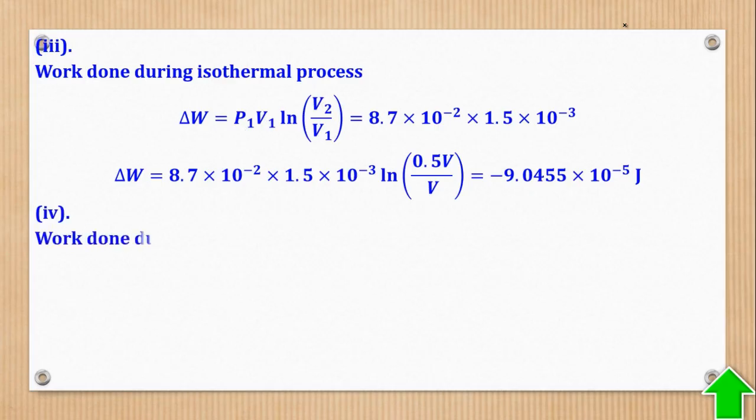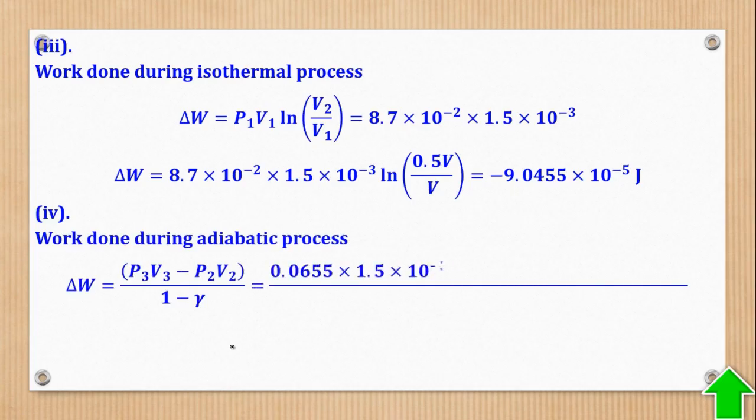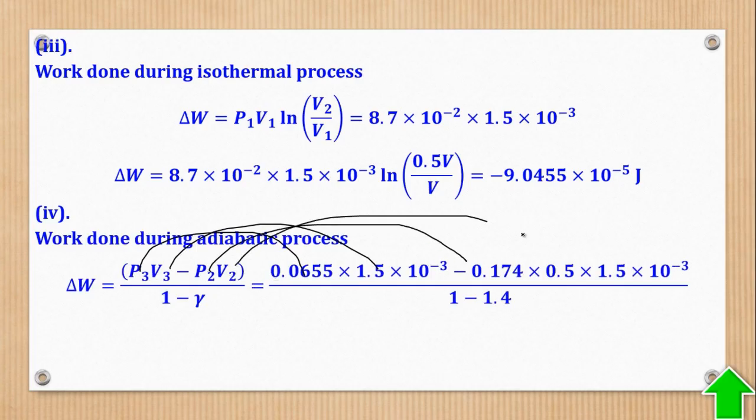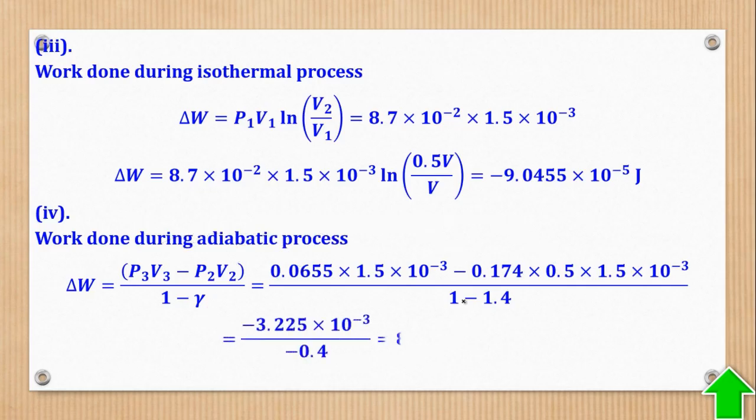Then work done during adiabatic process. The formula and substitute. So P3, V3, P2, V2, and gamma. So use the calculator, you'll come up with this as the work done for adiabatic process. And basically that's what they wanted in this question.